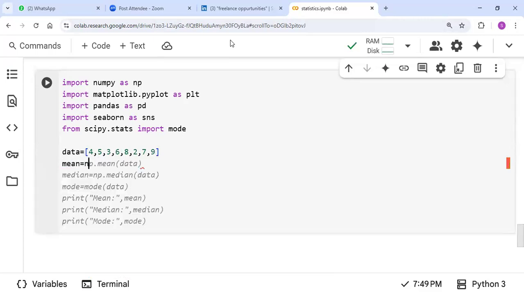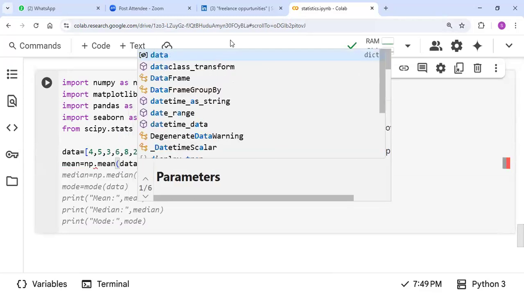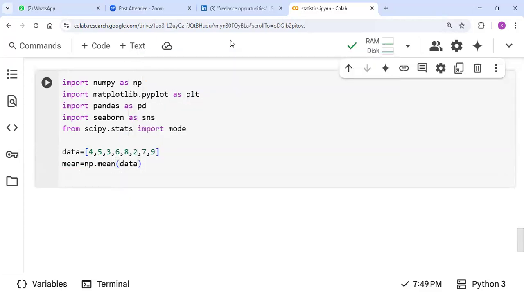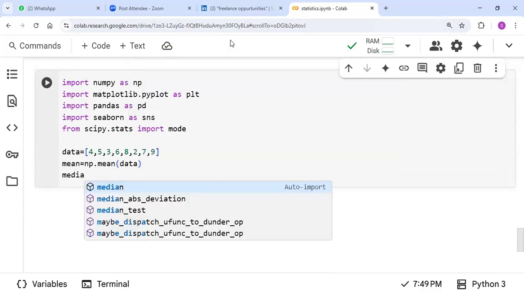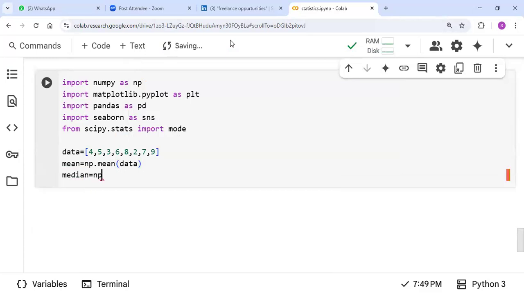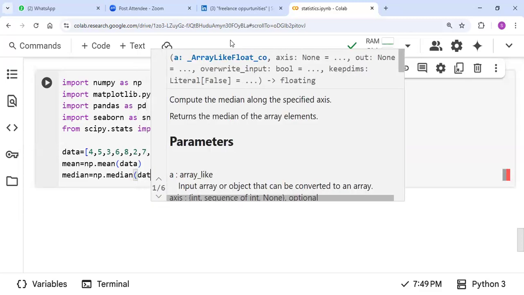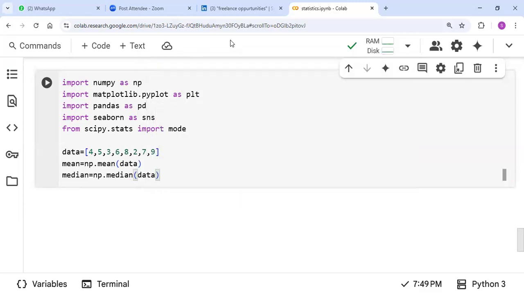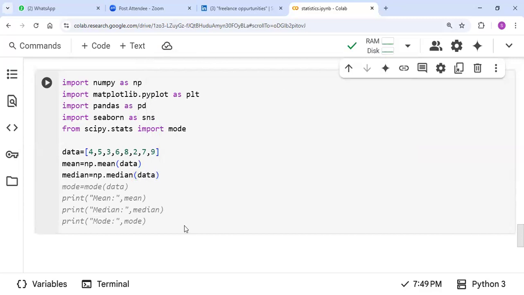So mean is equal to np.mean of data, and median is equal to np.median of data. If you want to understand the mean, what is a mean? It is just an average.